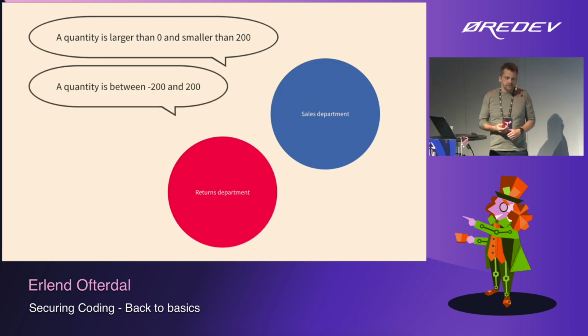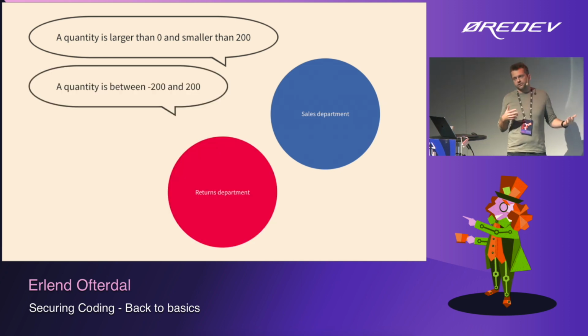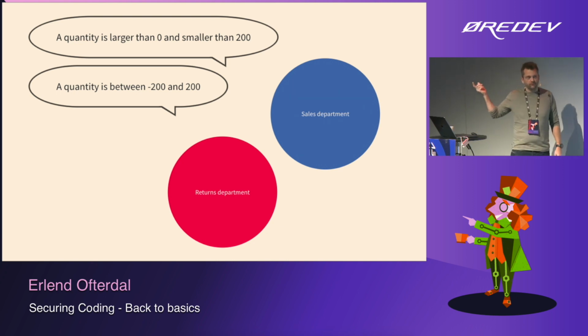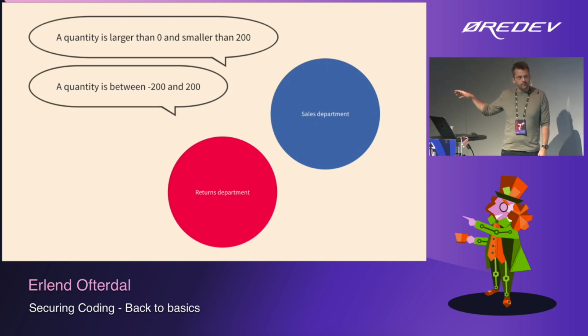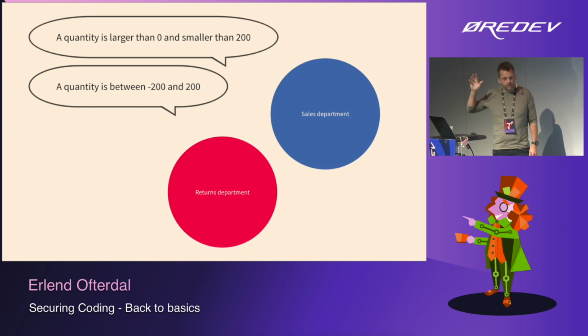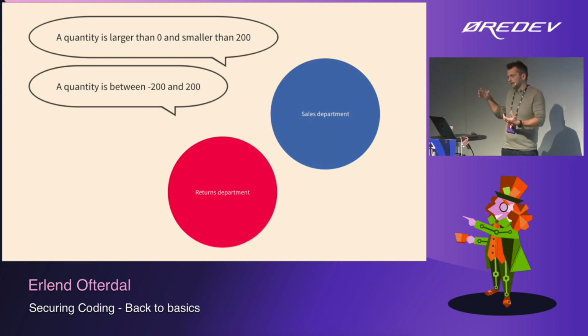But in the returns department, we might actually want negative numbers. You can see that these concepts don't necessarily go hand in hand. We don't want someone to order minus 200 things in our web shop. That would be terrible. But in the returns department, that's fine. But that means we have these concepts that we have to handle differently, even within the same company.